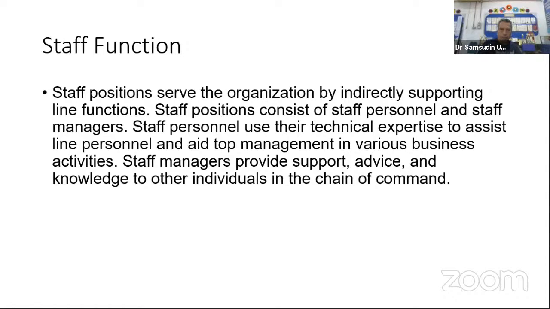Staff positions consist of staff personnel and staff managers. They also have their own chain of command, and most of them support the line.